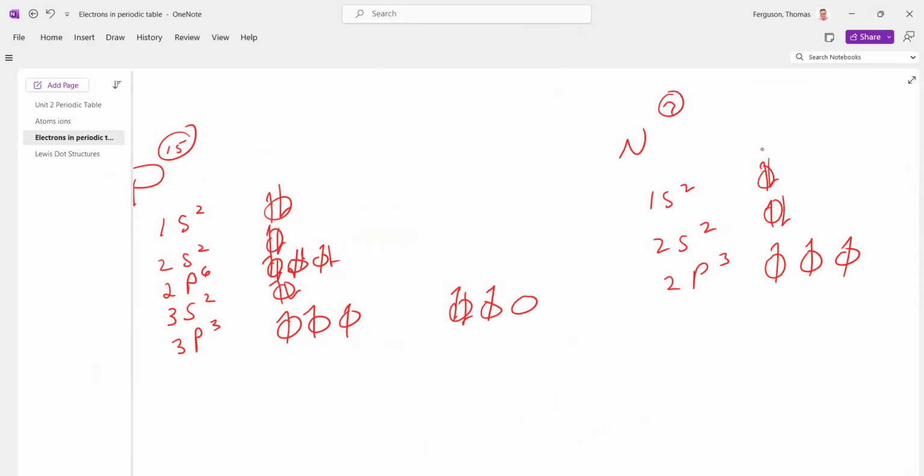Now, one of the reasons why phosphorus, remember, phosphorus is in the same group as nitrogen. Remember, we talked about groups having similar chemical characteristics. This is why. It's because these are the valence electrons here. Those valence electron configurations look just like these valence electronic configurations. That's why the chemistry is the same.